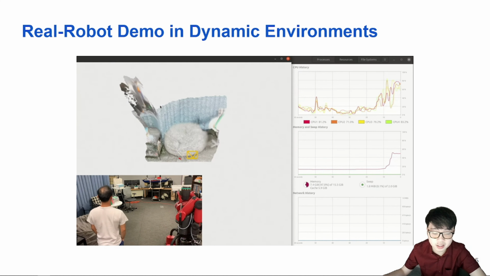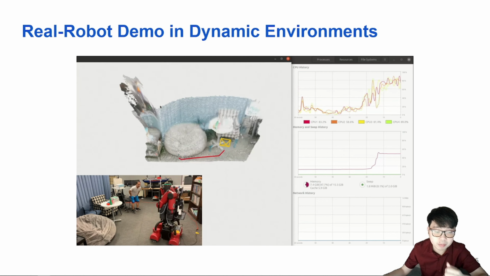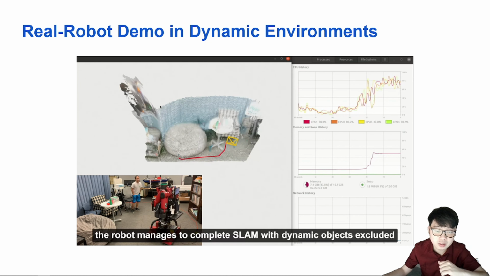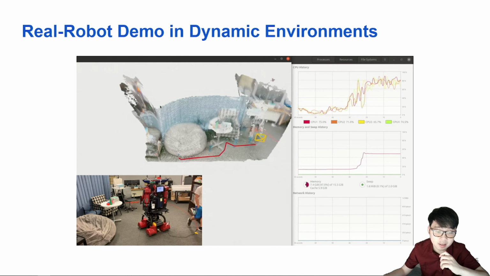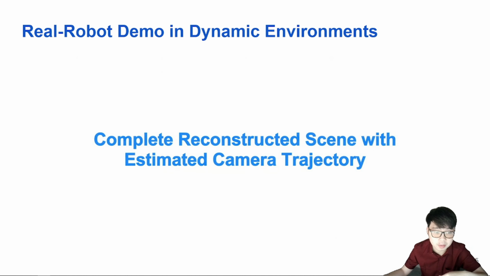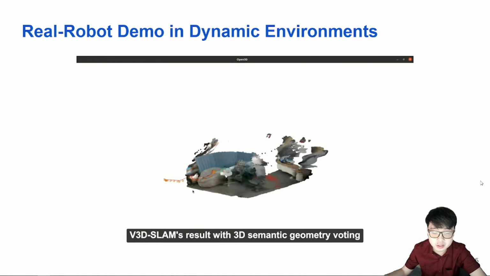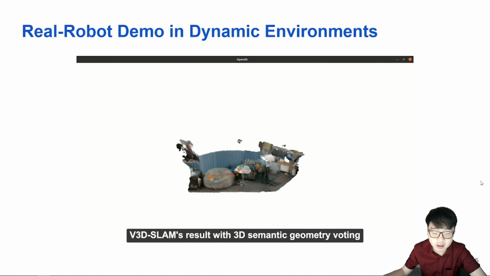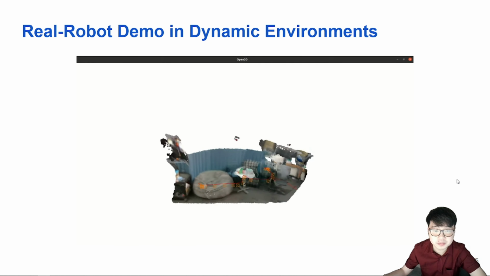It effectively removes all the fragments and identifies the moving object very precisely to reproduce the scenes without the person moving by. This is the result sequence that the robot can produce, and it also has the camera trajectory estimation, colored as the orange frustum and the red line.